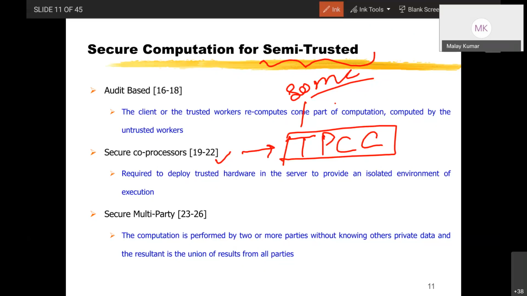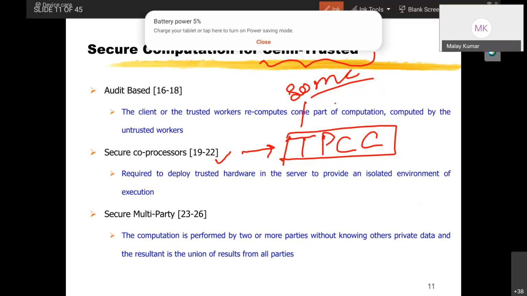The computation is performed in a completely isolated environment, and no other computation is performed on that physical machine or server. In this way, security is preserved. Since it is a trusted platform, it is assumed that even the cloud service provider is not able to steal the data from it. So that is the secure coprocessor.